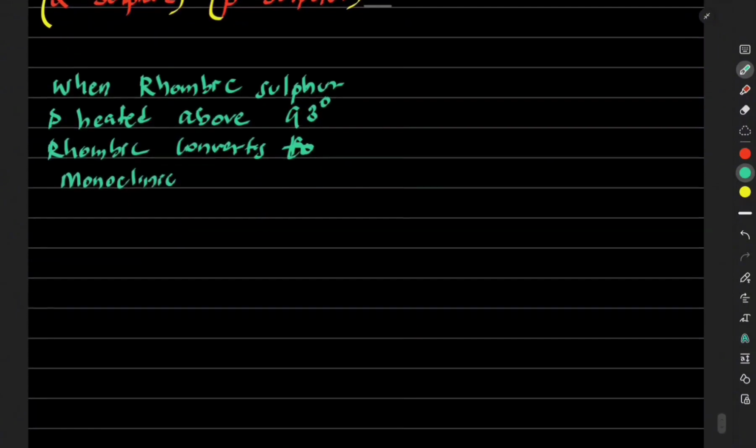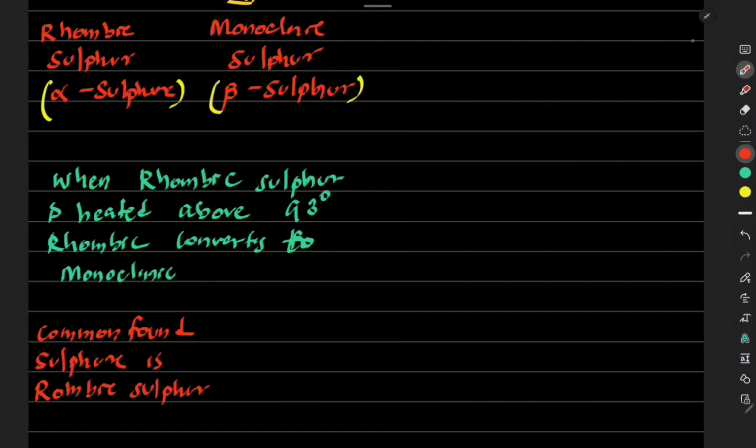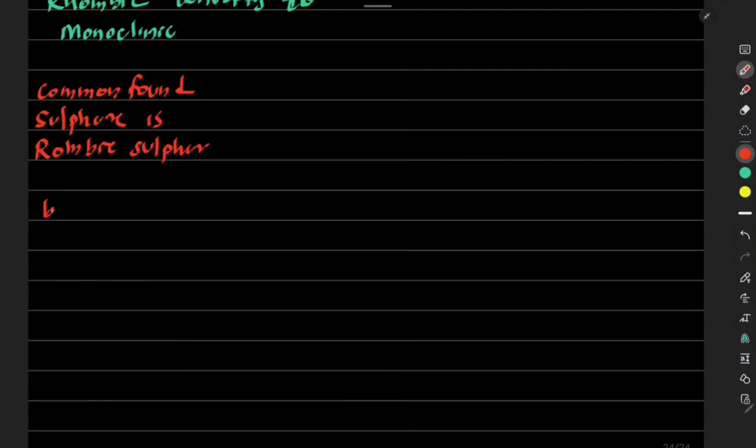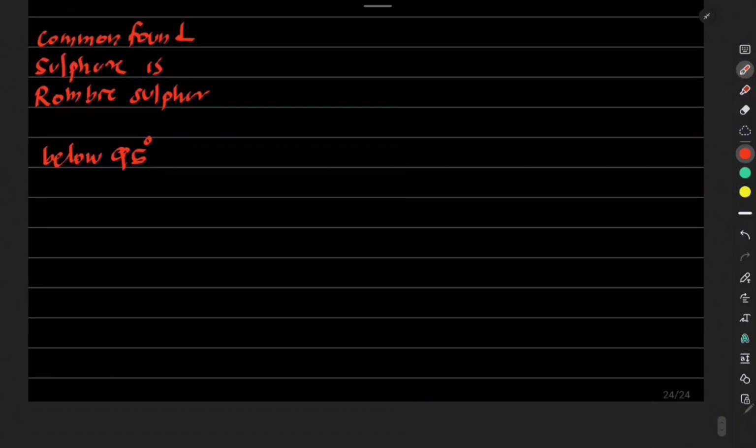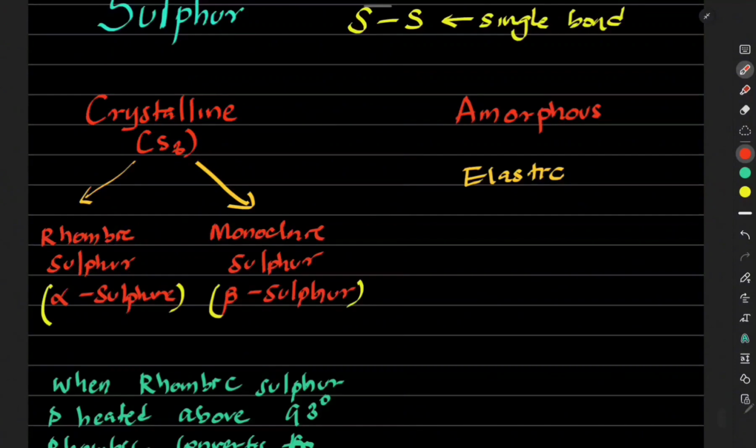Rhombic sulfur is the most commonly found sulfur. And below 95 degrees, rhombic sulfur is more stable.